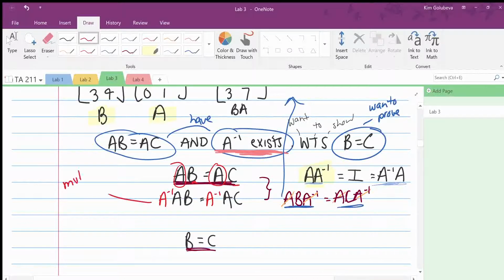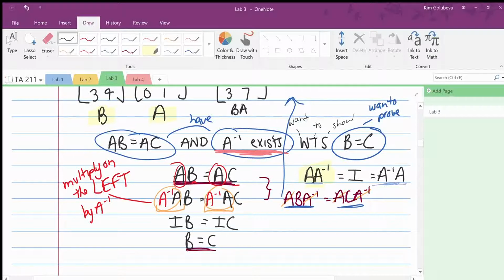So that's why it's important that you multiply on the left by A inverse. Because if you multiply on the left by A inverse, then you end up with A inverse times A here, which is perfect because A inverse times A, as we've talked about before, is just I, the identity, times B equals I times C. You can see what I did there: I just replaced the A inverse A with identity.